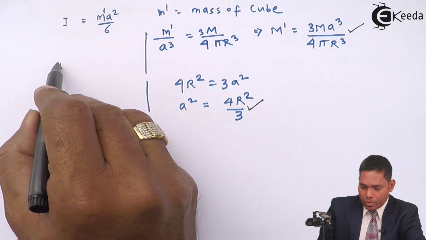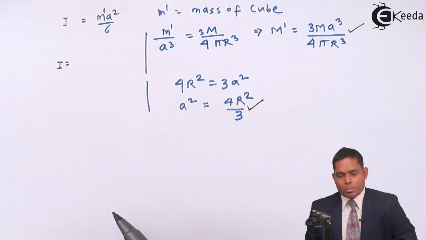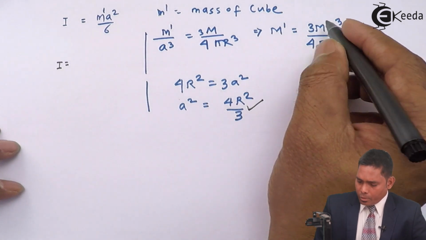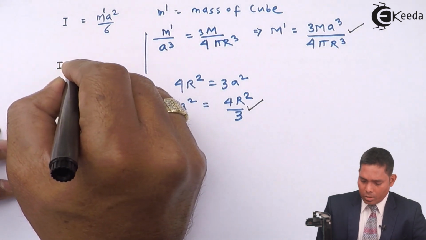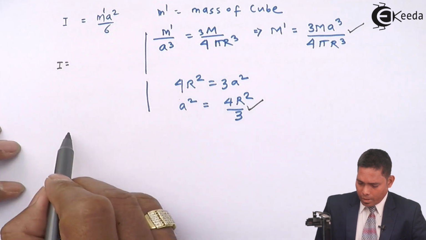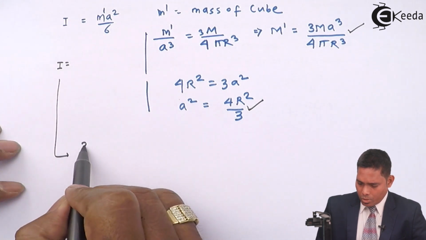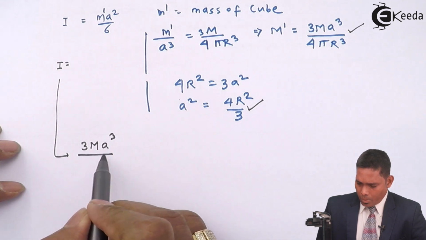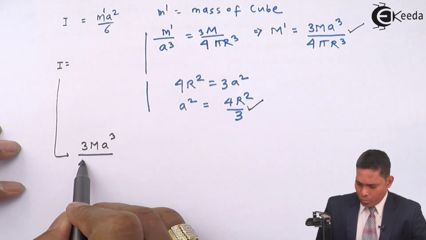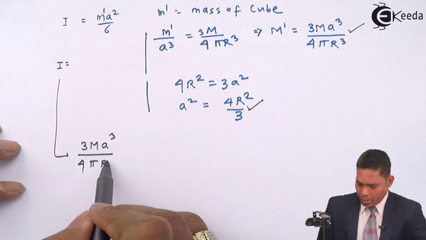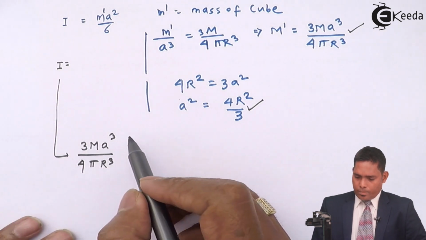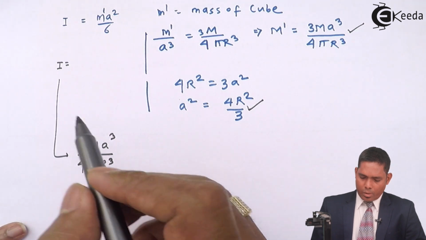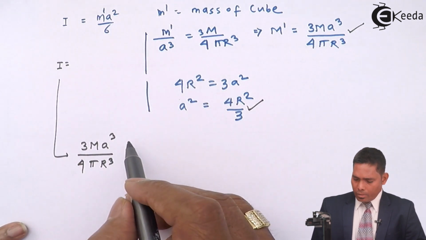Then what I'll get? I, the moment of inertia of the cube about the given required axis, is m prime, which is this value, 3m a cube upon 4 pi r cube, and then a square.